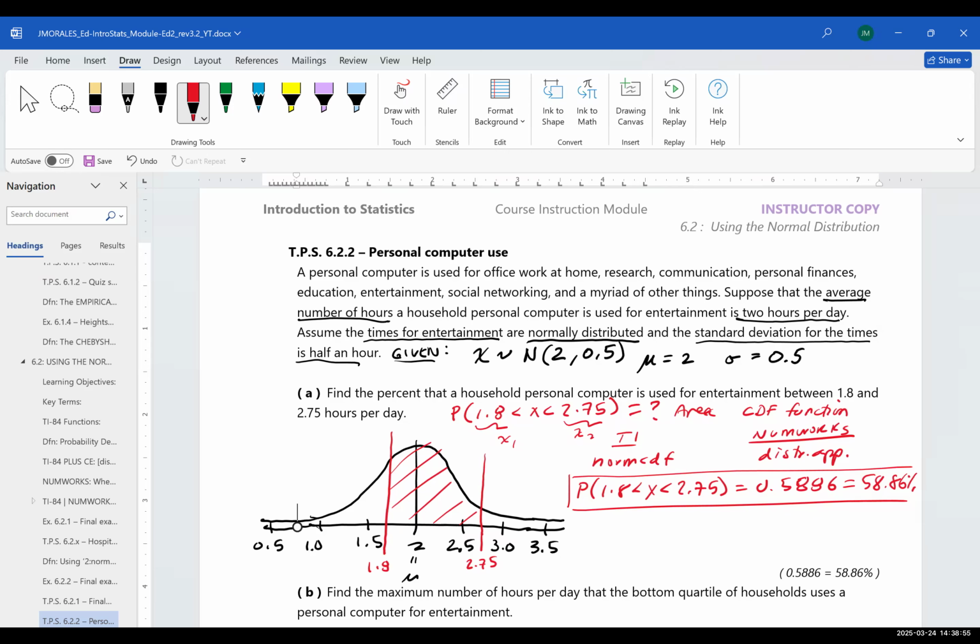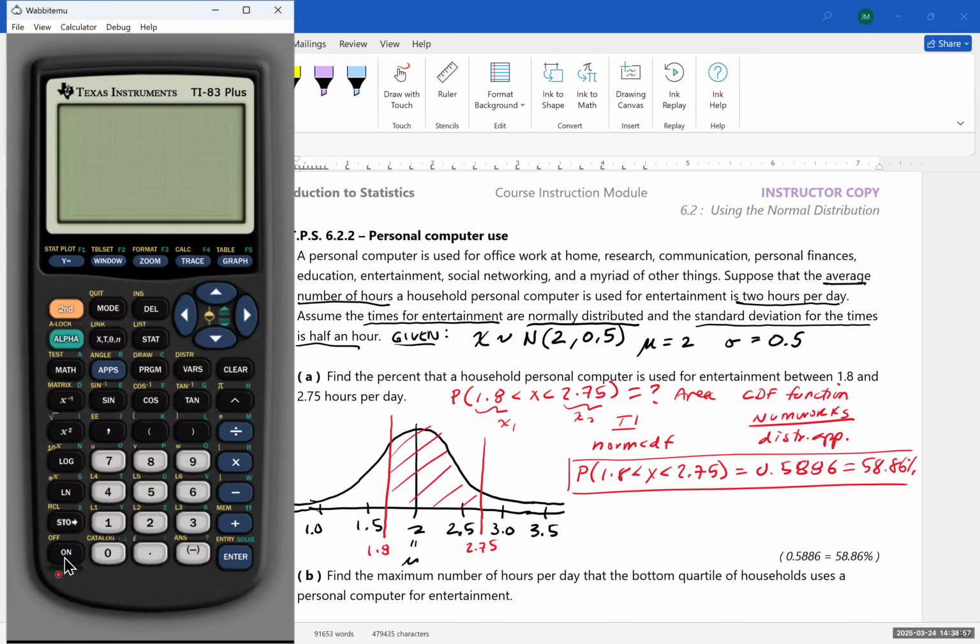Now, I don't think it looks any different, but let me just check and make sure on older Texas Instruments. Don't think it's going to be. Okay, so this one we have to kind of know what the arguments are for this. So the lower bound value was 1.8, comma.